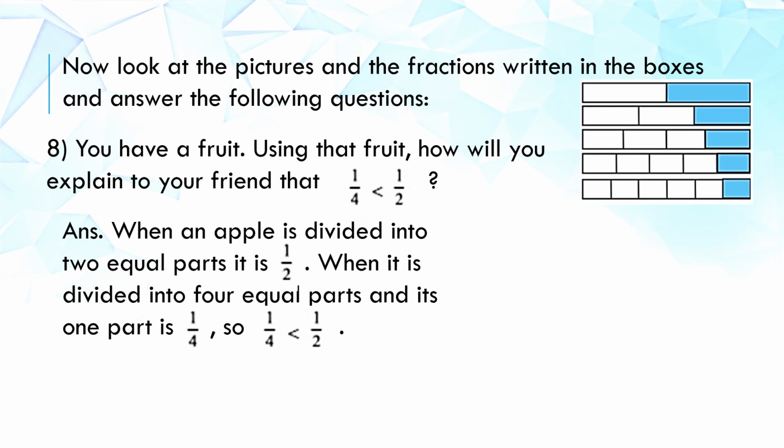When an apple is divided into two equal parts, it is half, that is 1 upon 2. When it is divided into 4 equal parts and its one part is 1/4. So 1/4 is less than 1/2.